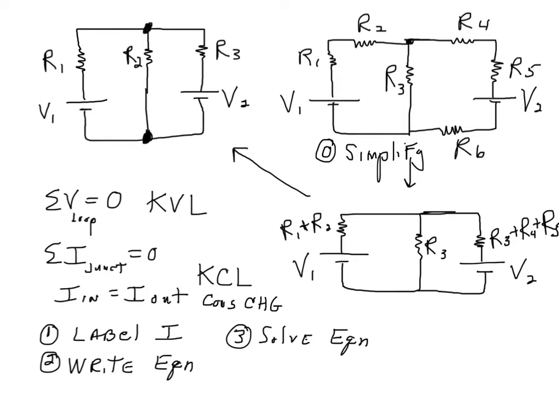Even though this one is on a different side of the battery, the same current goes through all three resistors, and we can add those together to get this. And once we've simplified this circuit to this circuit, then it has the same form as this one, and the same methods would be used to solve it.